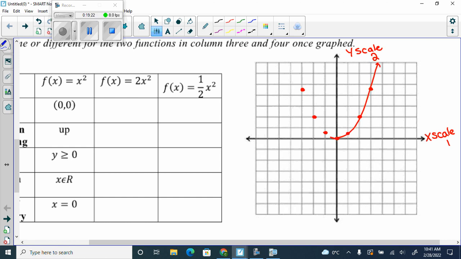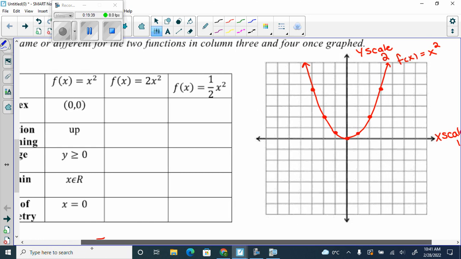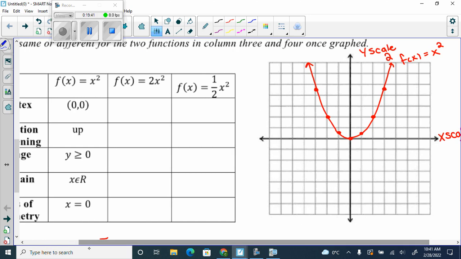And then we're going to label it because we're going to actually draw 3 graphs on here. So I'm going to label this one f of x equals x squared. So that's just your basic function again. I'm just redrawing it. And if you look here, the vertex is 0, 0. It's up.